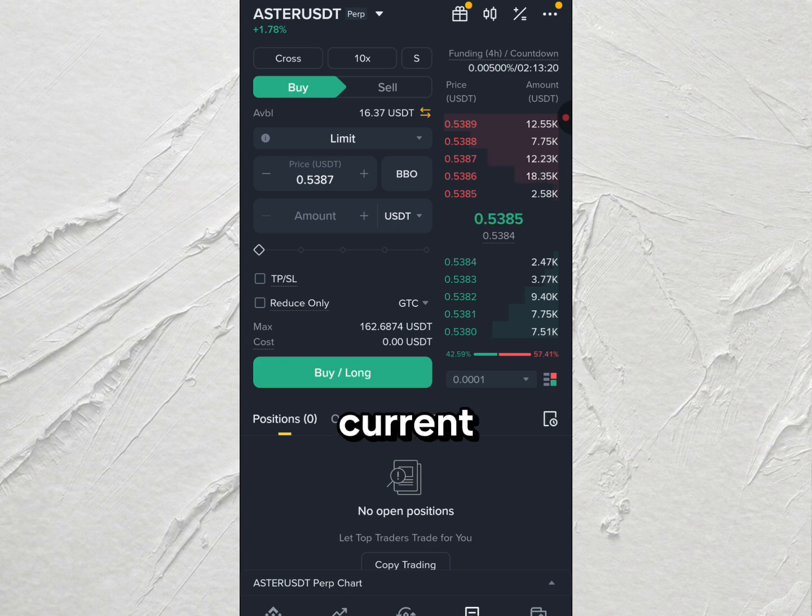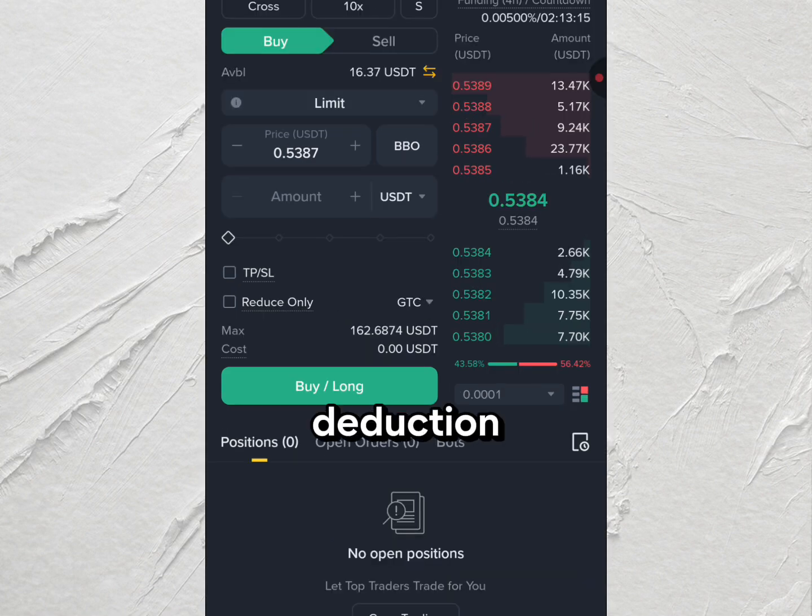And the deduction takes place from your real initial collateral, but the calculation takes place from your portfolio size.